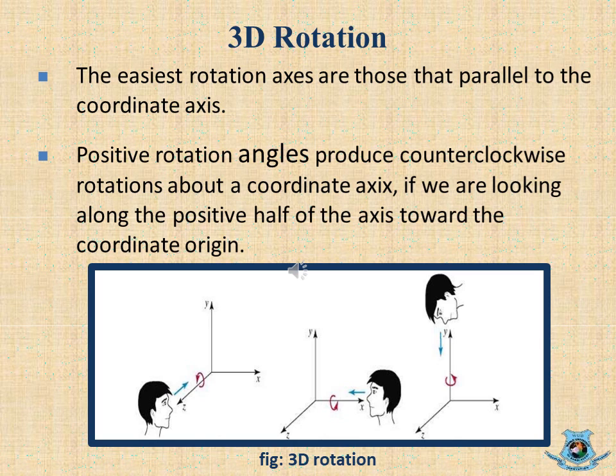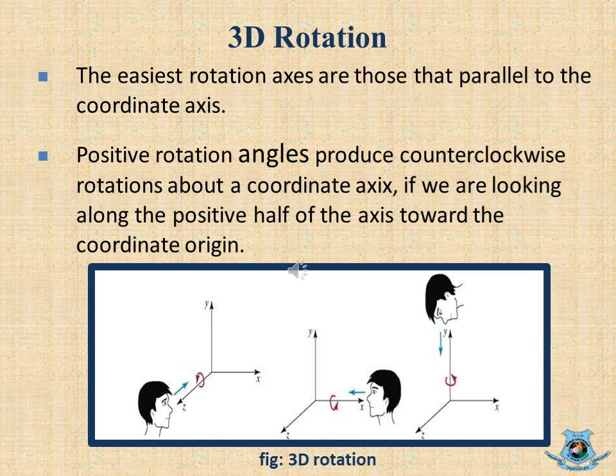Consider a point object O that has to be rotated from one angle to another in a 3D plane. The figure shows the 3D rotation, where one point is rotated from one place to another and through angles also.